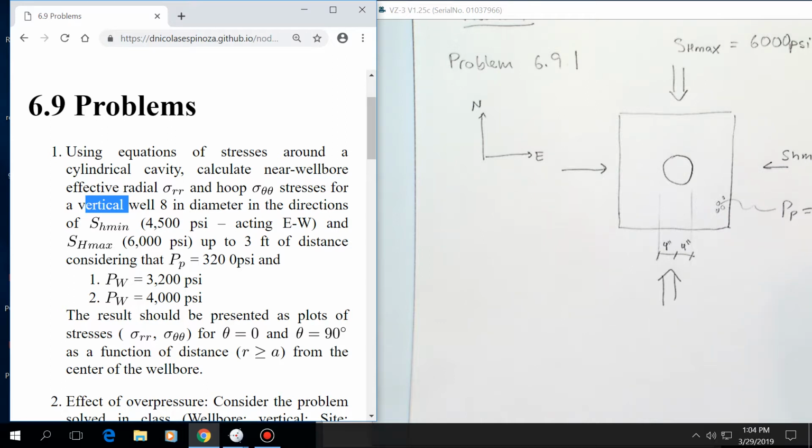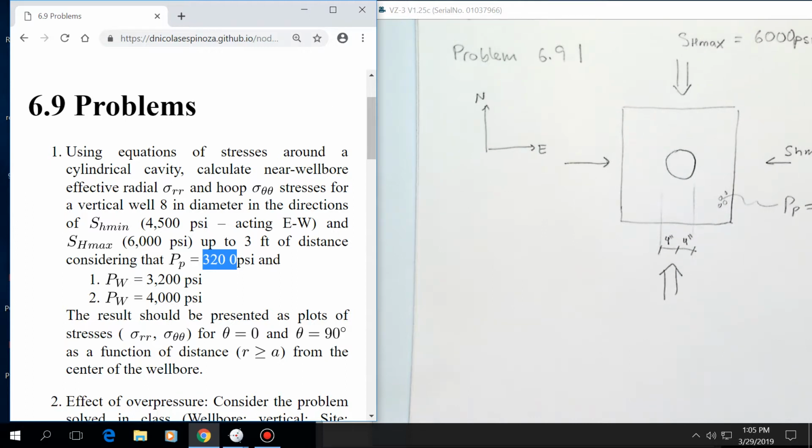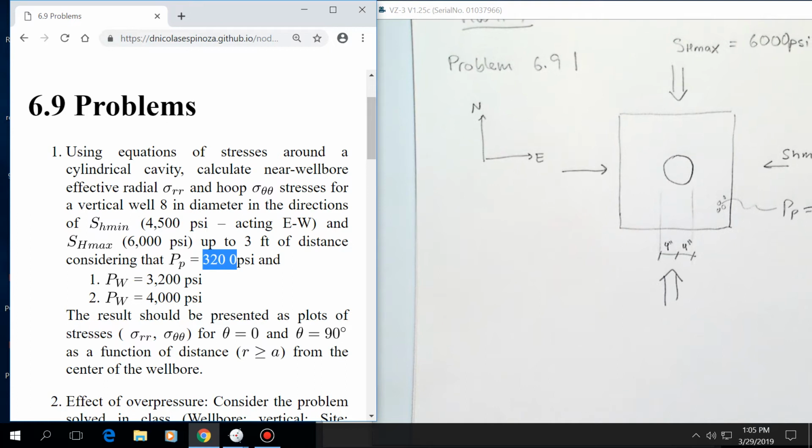It should be 3200 psi. So I added a space there, but it should be 3200. Okay. And I'm asking you to do this for 2 cases, and also for 2 lines. Okay.